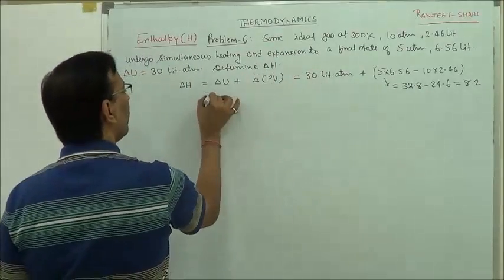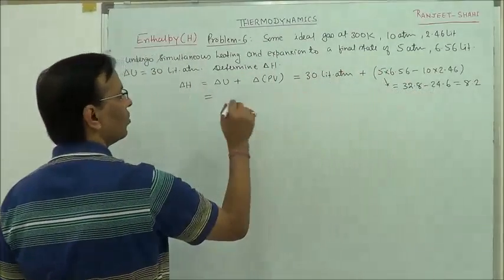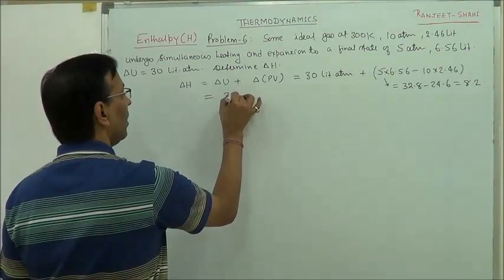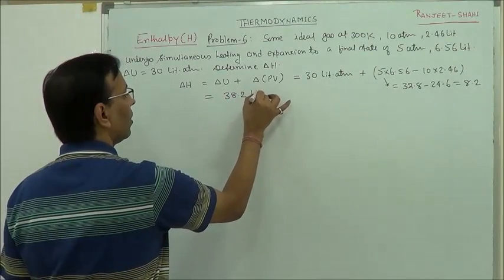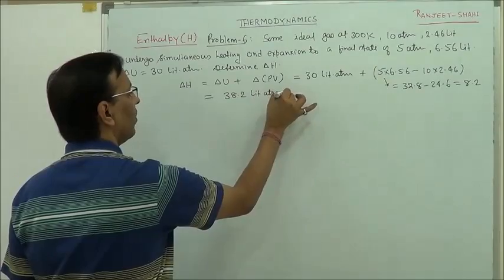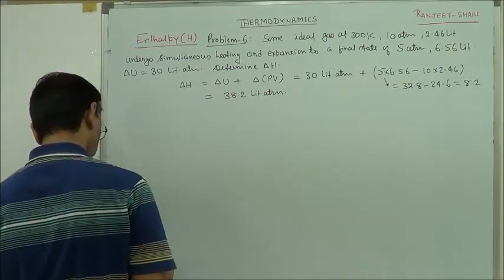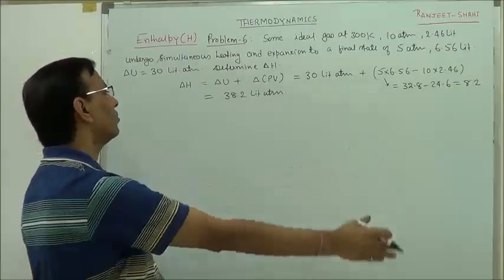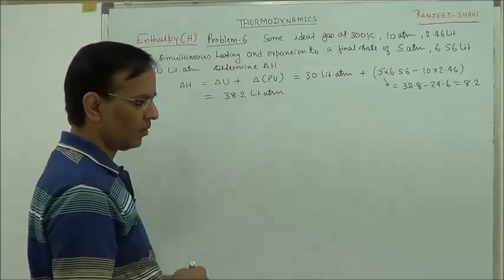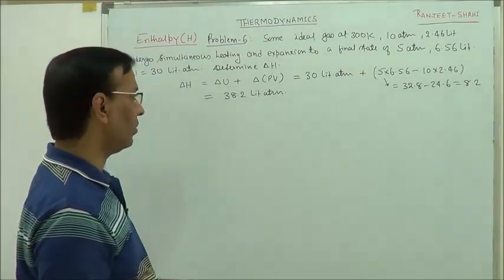So it will be 30 plus 8.2, 38.2 liter atmosphere. It can be converted into joule unit by multiplying it with the factor 101.4.